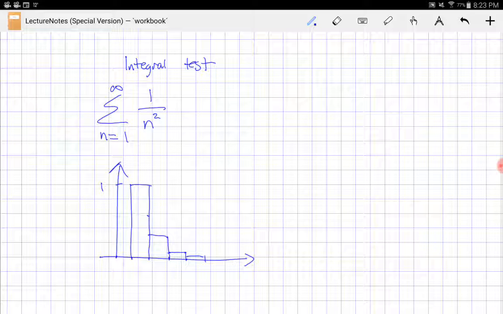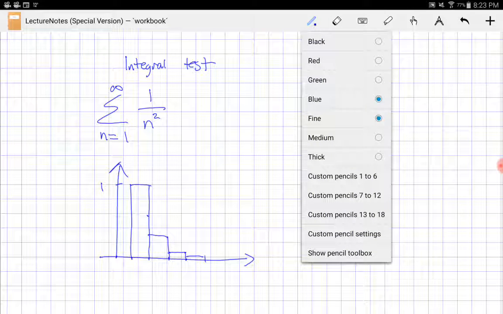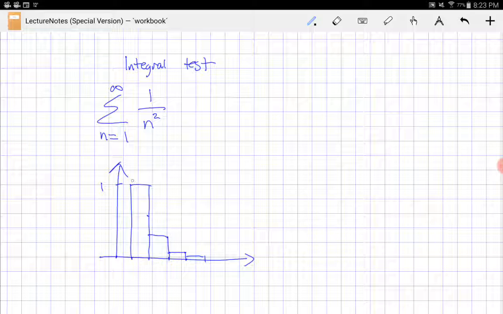Now instead of adding discrete values, by taking the left-hand corner or the right-hand corner, it doesn't particularly matter, we can create a function with it. This is not a great function. Let's not judge my drawing skills.